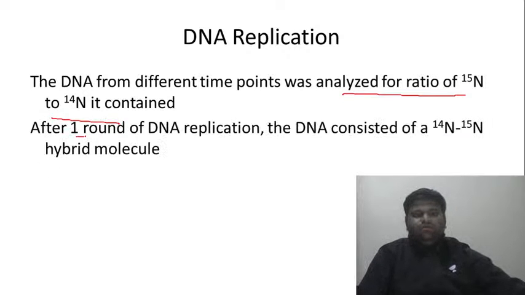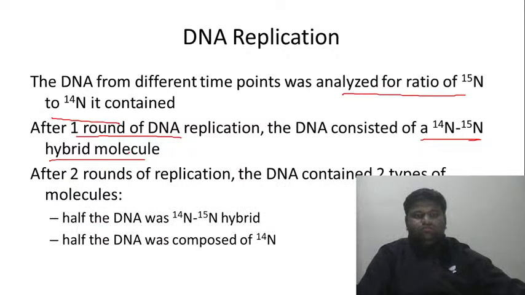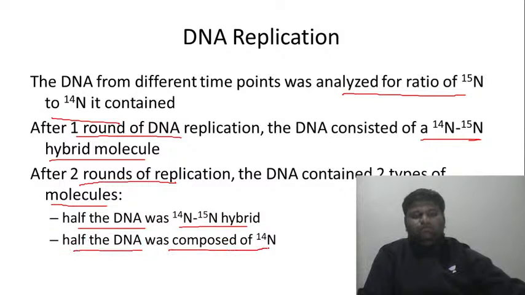After one round of DNA replication, the DNA consisted of N14-N15 hybrid DNA molecules. After two rounds of replication, the DNA contained two types of molecules: half the DNA was N14-N15 hybrid, and half the DNA was composed of N14.